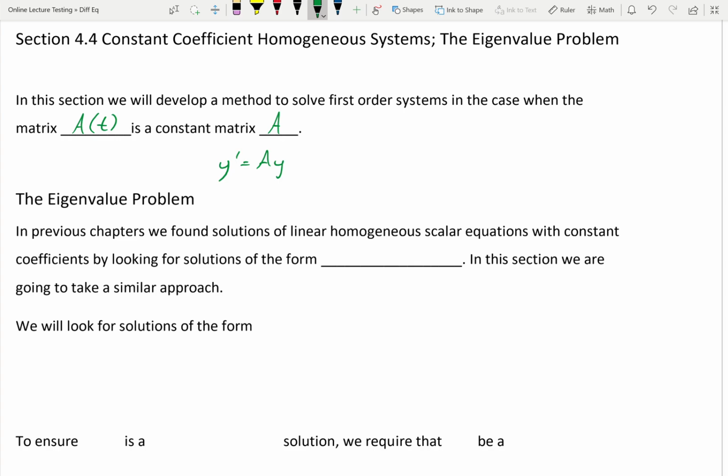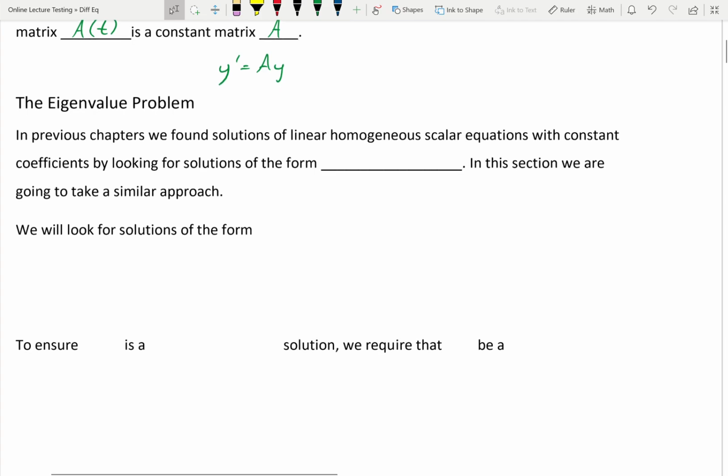So let's get into things. So the eigenvalue problem. In the previous chapters, so chapters 2 and 3, and actually chapter 1 as well, we have found solutions of linear homogeneous scalar equations. So those guys are not with systems. This is the single equation that we dealt with constant coefficients by looking for solutions of the form y of t is equal to e to the lambda t.